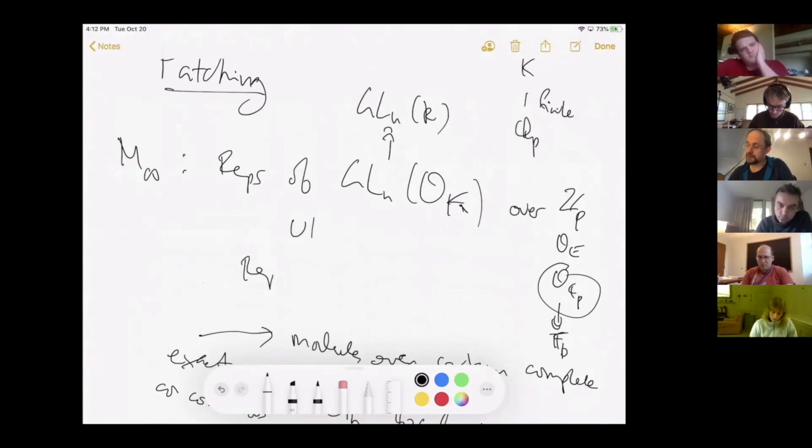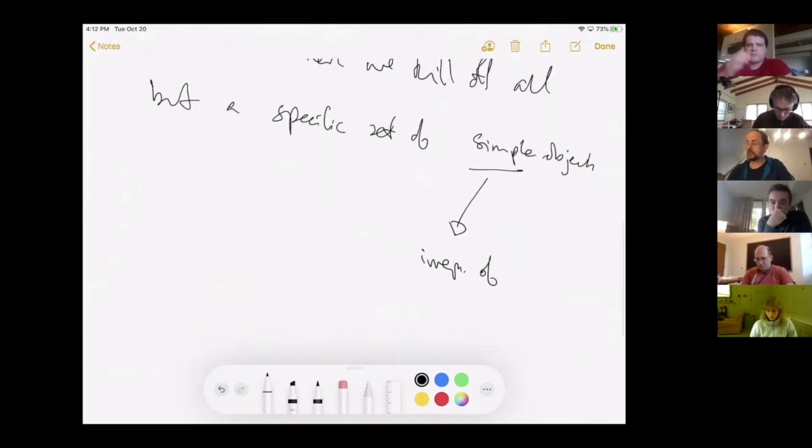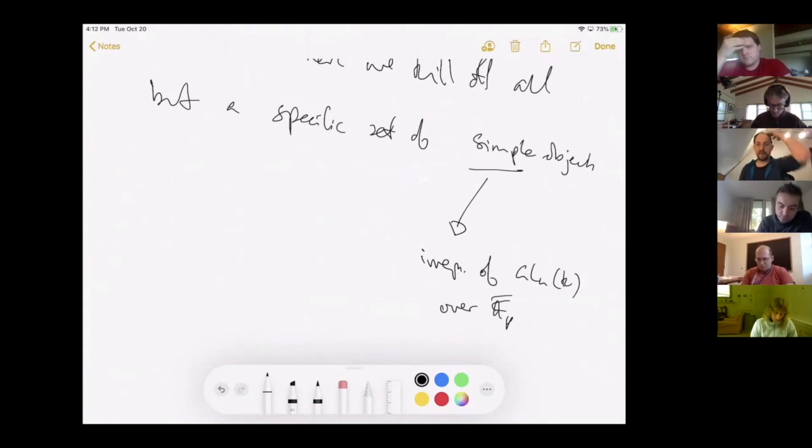And so by inflation, just thinking of reps of GL_N(k) as reps of GL_N(O_K), reps of GL_N(k) sit inside reps of GL_N(O_K). And so a simple object will be an irrep of GL_N(k) over F_p bar, in characteristic p.